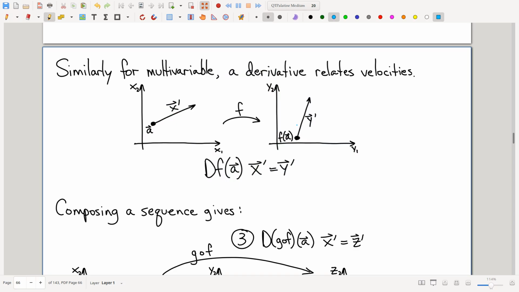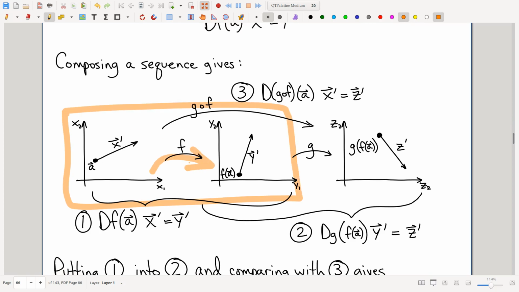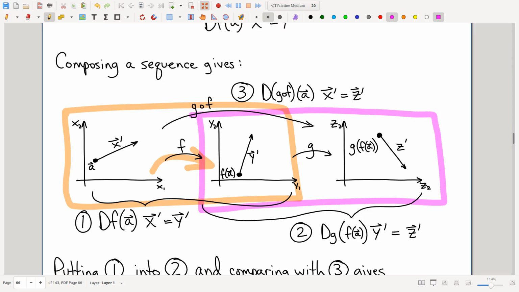And again, if you compose a couple of these functions, so here we go. I've got a multivariable function here that takes in an x vector and gives you a y vector, and then I'm composing that with a second multivariable function that takes in your y vector and spits out your z vector.